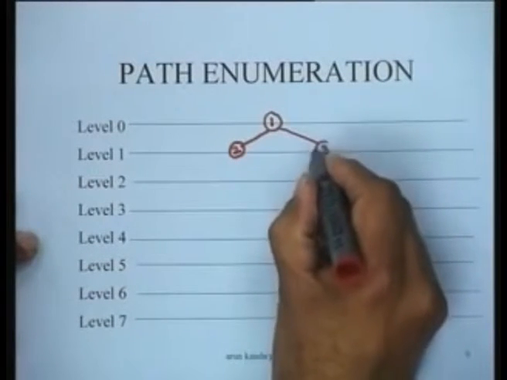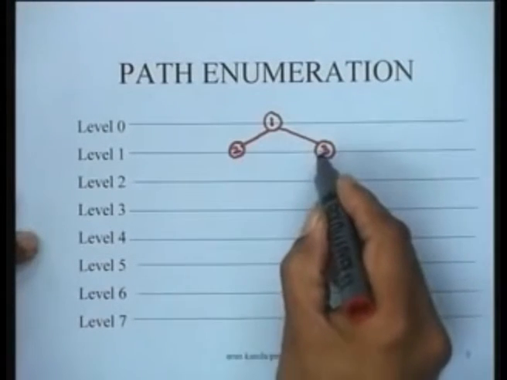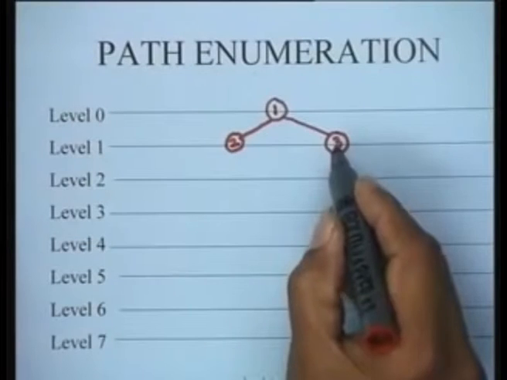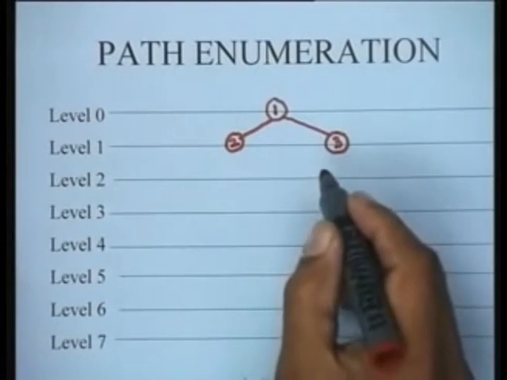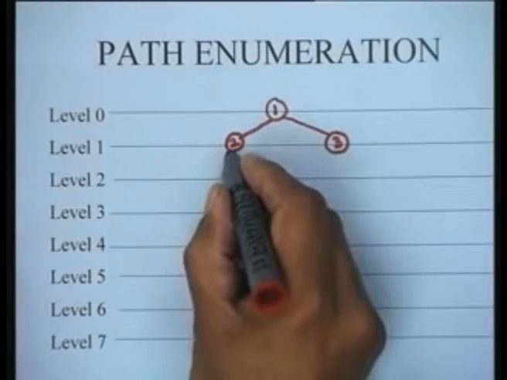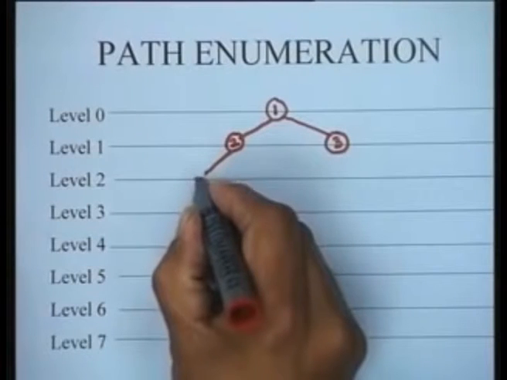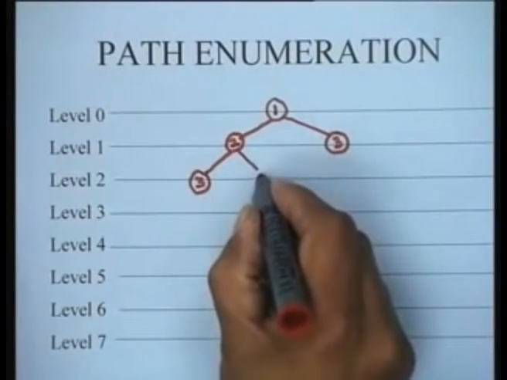So, from 1 I can go to either 2 or 3. When you look at the network, from 2 you can go either to 3 or to 5. From 2 I could go to 3 like this, or I could go to 5 like this.